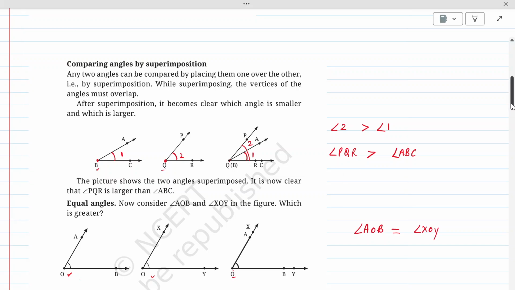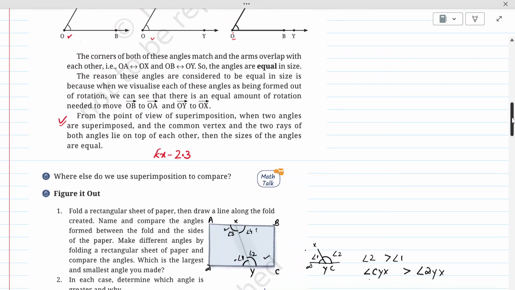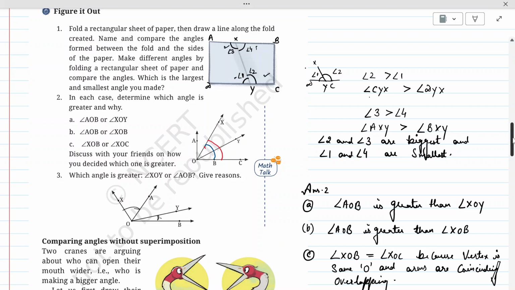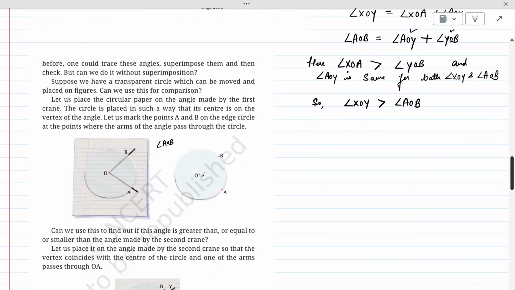And in the second, we saw that the angles were equal because their vertex was coinciding and both the arms were also coinciding. They were overlapping with each other. So since everything was overlapping, the angle was equal. Then we did this exercise. We have done these questions, and we have learned another method of comparing the angles without superimposition, using the transparent circle.